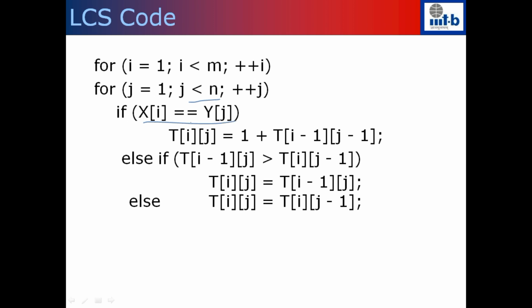If this condition holds, then we set t of i comma j equal to 1 plus t of i minus 1 comma j minus 1. If this condition is not true, then we compare t of i minus 1 comma j and t of i comma j minus 1. If this is bigger, then t of i comma j is set as t of i minus 1 comma j.